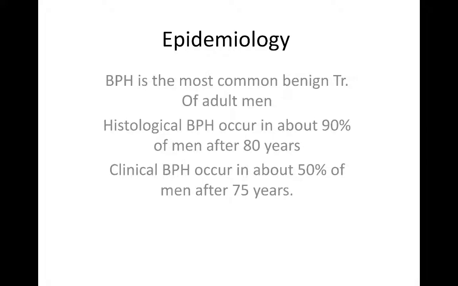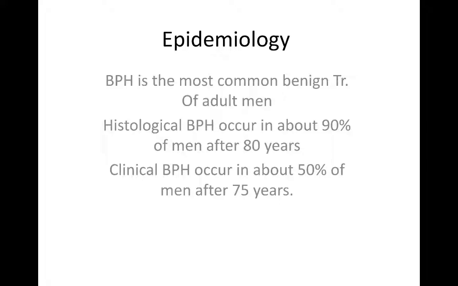Epidemiology of benign prostatic hyperplasia. BPH is the most common benign tumor of the adult man. Histological BPH occurs in about 90% of men after the age of 80 years, while clinical BPH occurs in about 50% of men after the age of 75.